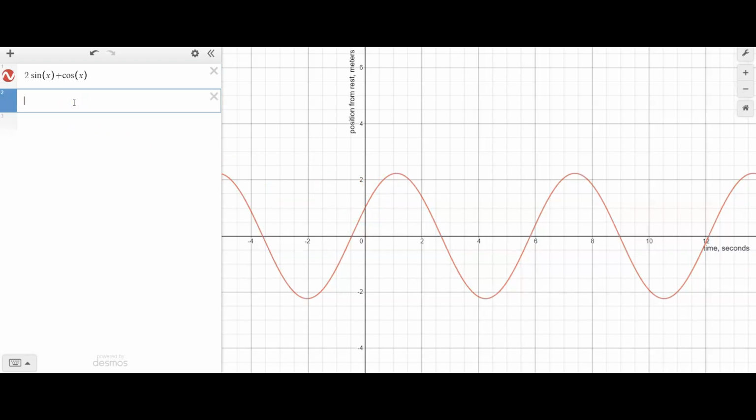Now I'm going to do something cool here. I'm going to insert a slider for time, and I'm going to set time to go from 0 to 12 seconds. So what I'm going to do here is plot a point, the point 0, and let me call this function f of x equals.